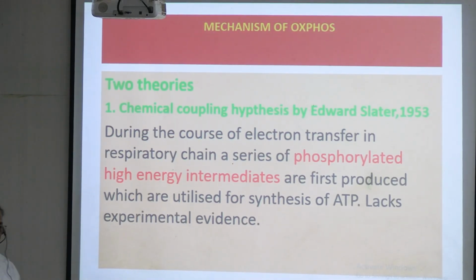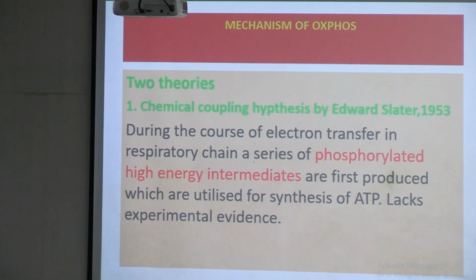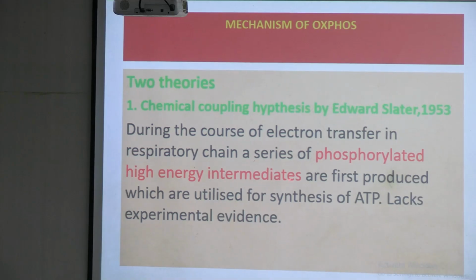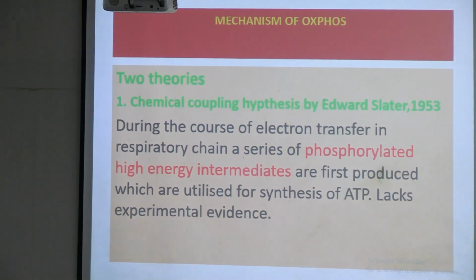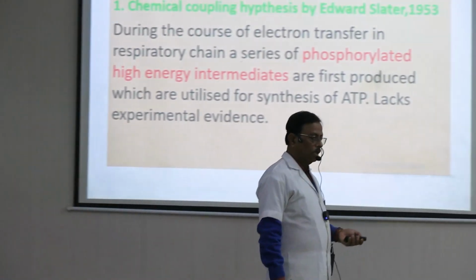How does it occur? There are two mechanisms proposed. One is the chemical coupling hypothesis by Edward Slater in 1953. In this, he was telling that during the course of electron transfer in the respiratory chain, there is a series of phosphorylated high energy intermediates generated in the electron transport chain.